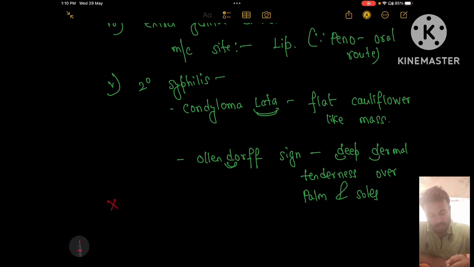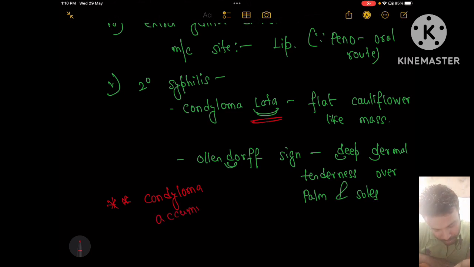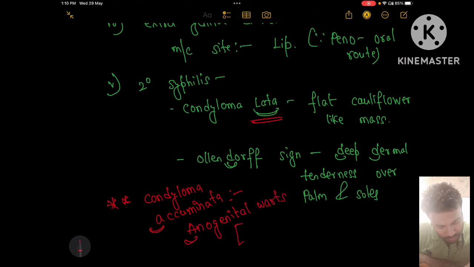Here is an important term. This is condyloma lata, and this is condyloma acuminata. Condyloma acuminata is anogenital warts, caused by human papillomavirus 6.